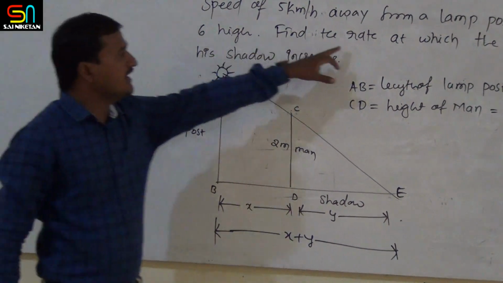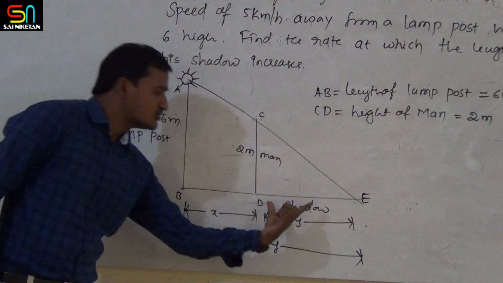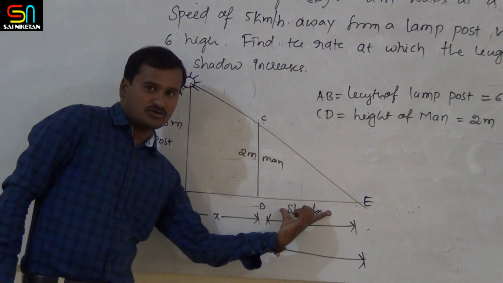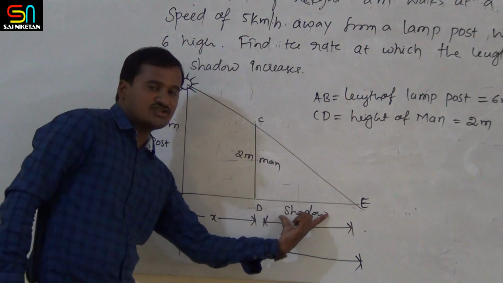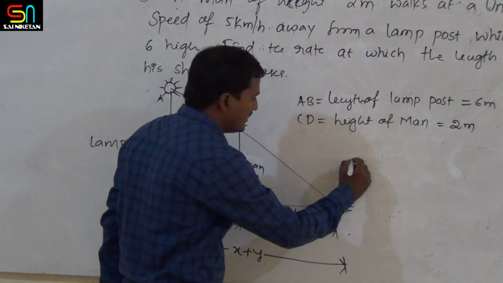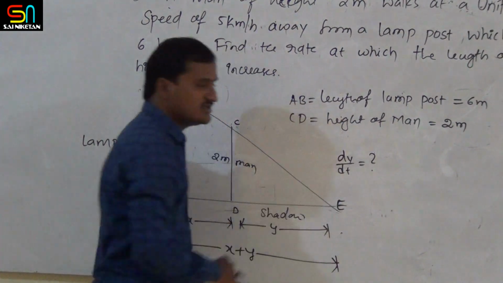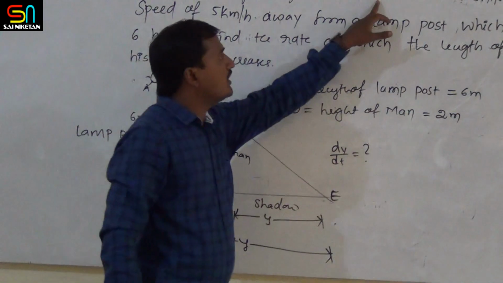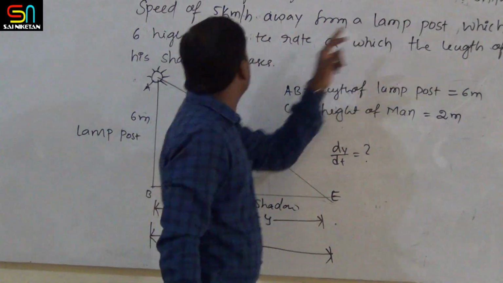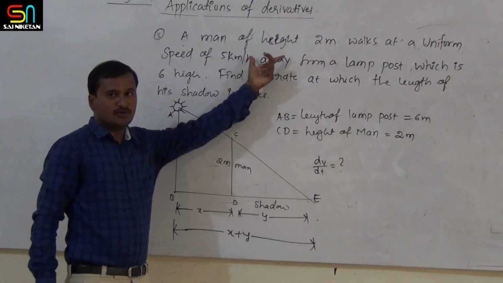So find the rate at which the length of its shadow increases. This is the shadow, so y represents the length of the shadow. From the problem we will write dy by dt is equal to the question. A man of height 2 meter walks at a uniform speed of 5 kilometer per hour away from the lamp post.